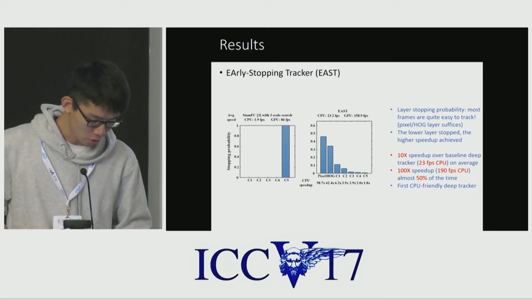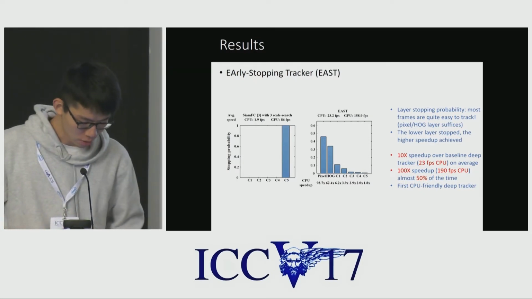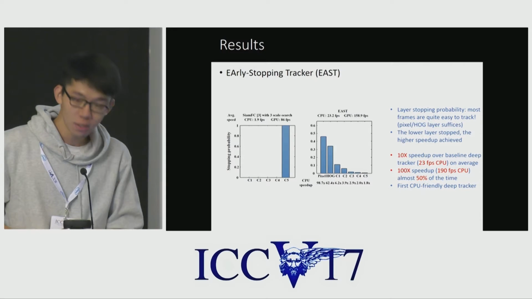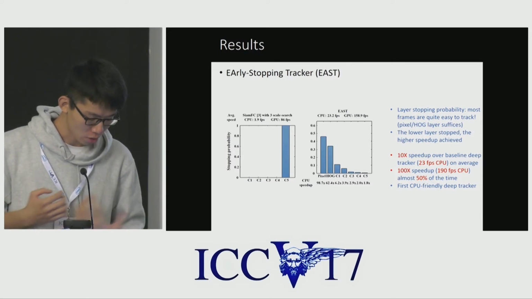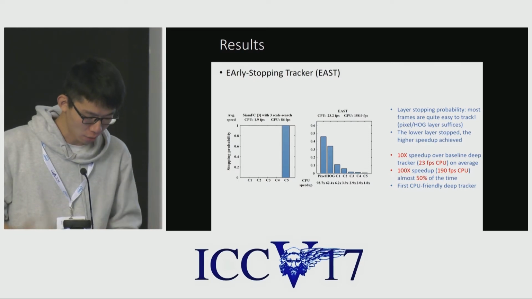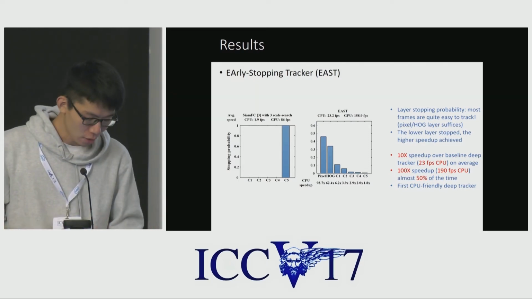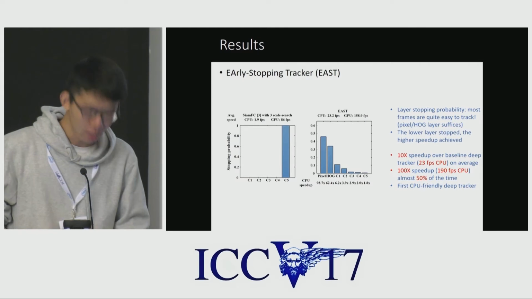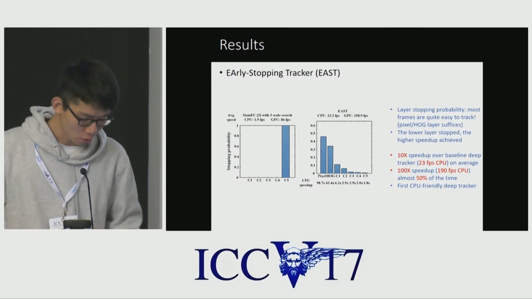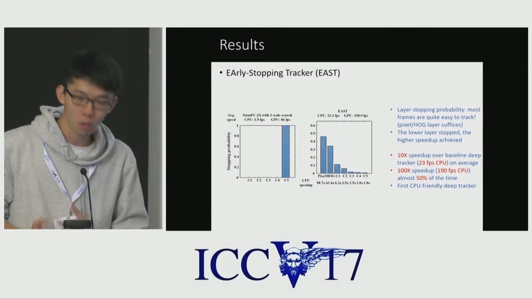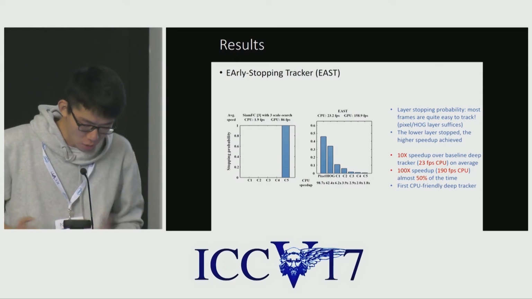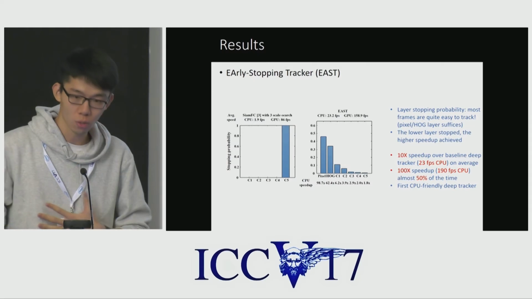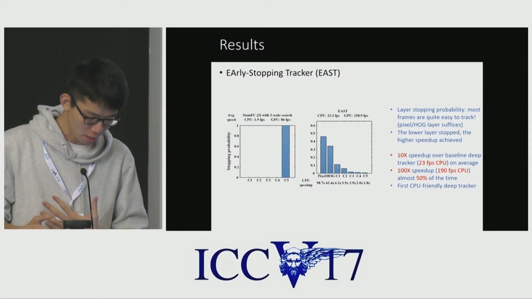And this figure shows the layer stopping probability of EAST. We found most frames are indeed quite easy to track. So pixel values or just the HOG layer may just suffice for these frames. And obviously, the lower the layer stopped, the higher the speedup achieved. As a result, we achieve 10 times speedup over baseline deep trackers on average, and up to 100 times speedup for almost half of the frames, which is 190 FPS on CPU.